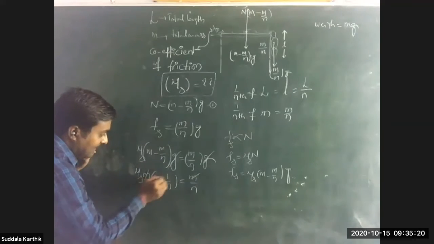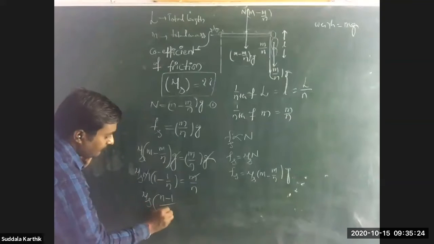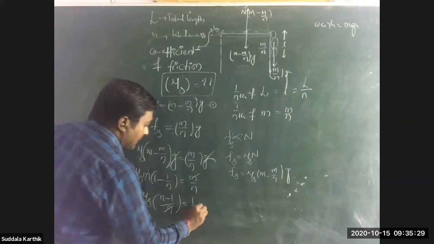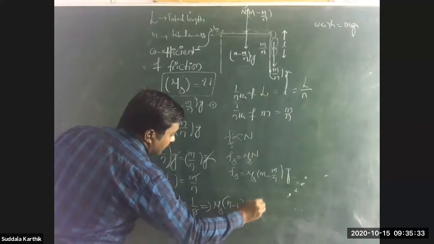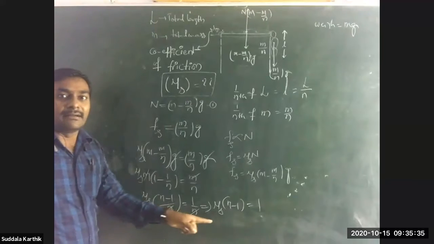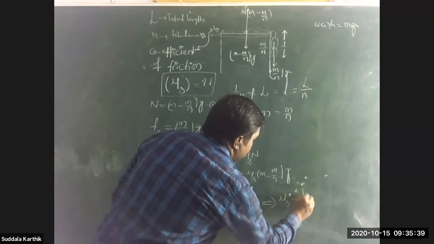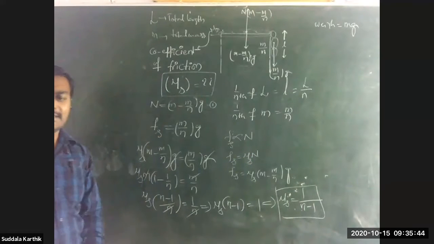And again I am taking LCM, mu s into (n minus 1)/n is equal to 1/n. N cancel, Nana. So mu s into (n minus 1) is equal to 1. I got this equation. But I want to calculate mu s, Nana. Mu s is equal to 1/(n minus 1). That's it.